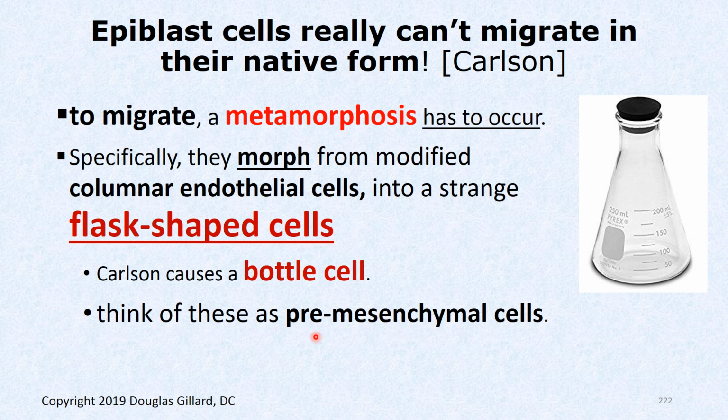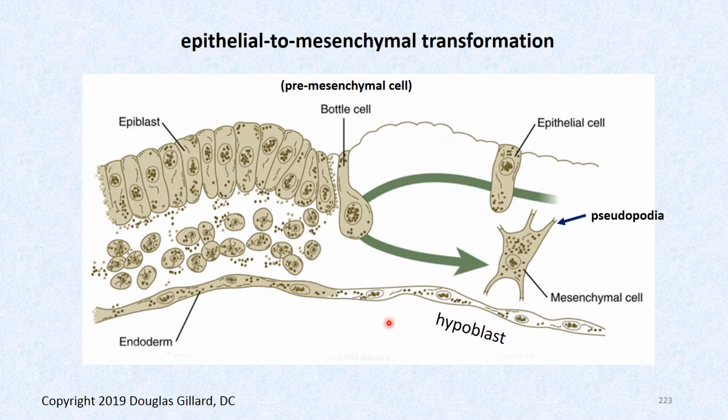Think of them as pre-mesenchymal cells, because mesenchymal cells can become any type of tissue. And here's a great picture from Carlson, and you can see here's the epiblasts. These guys are all kind of moving into the primitive streak here.